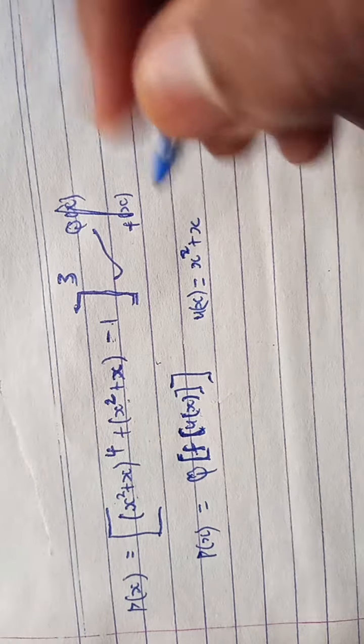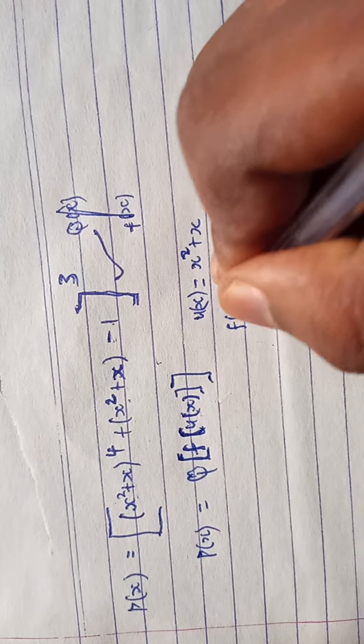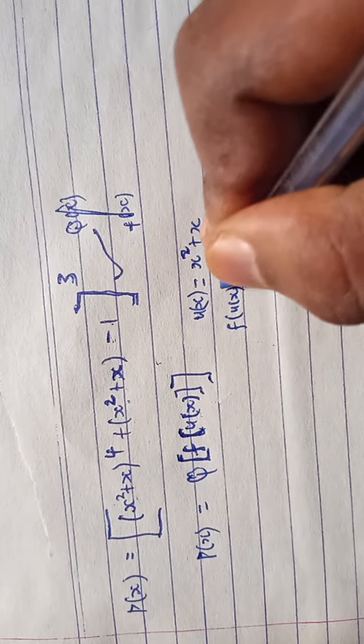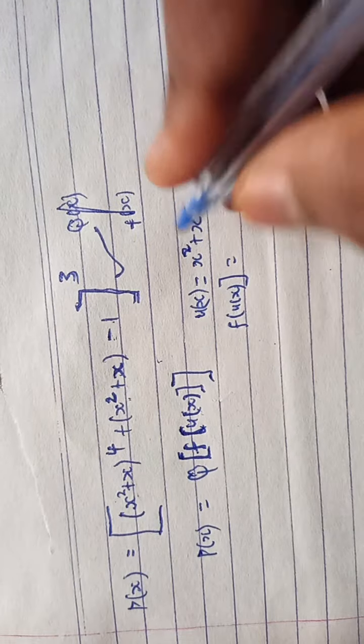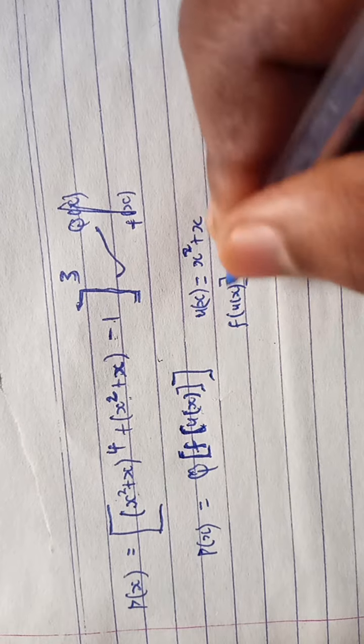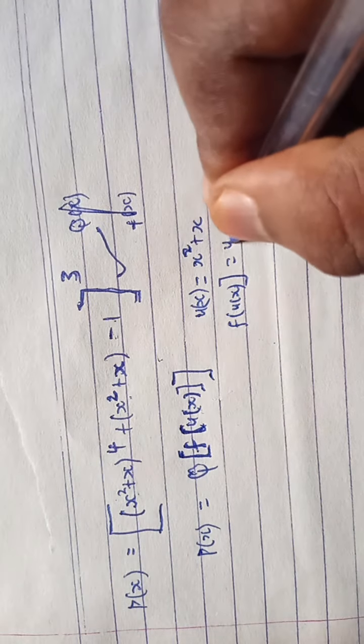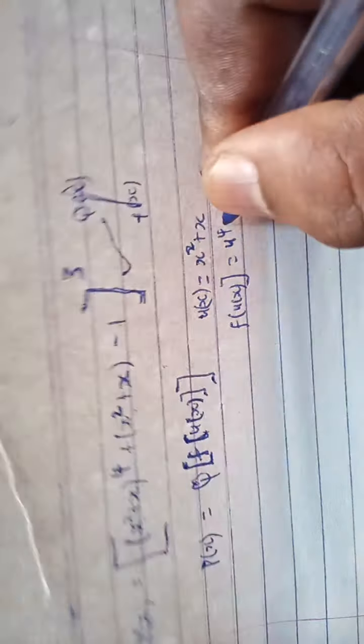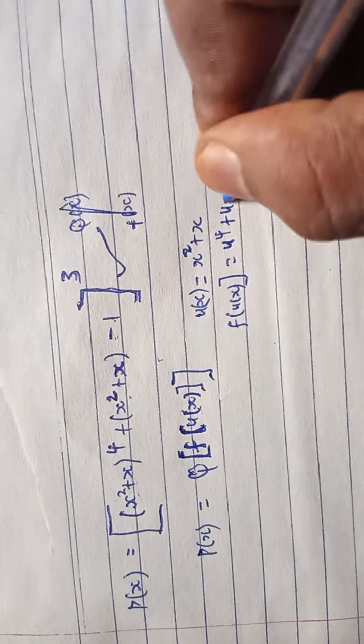And then f of u of x is equal to, let's denote the u of x as u, u power 4 plus u minus 1.